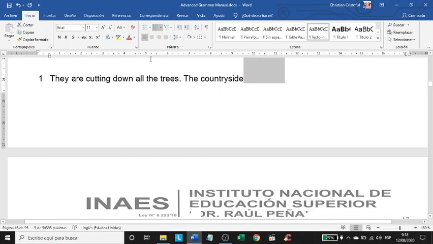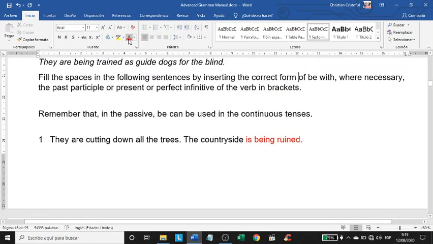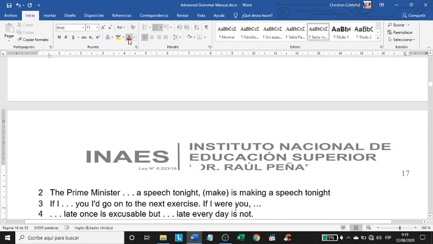But in parentheses, you can find ruined. So the country is being ruined. The countryside is being ruined. They are cutting. So I need to write ruined.